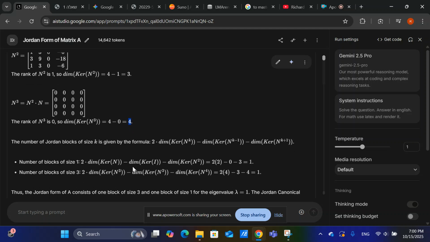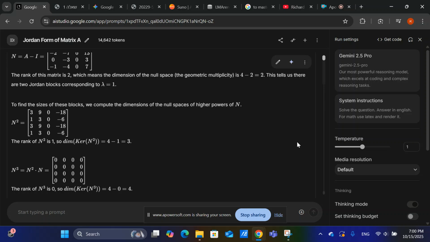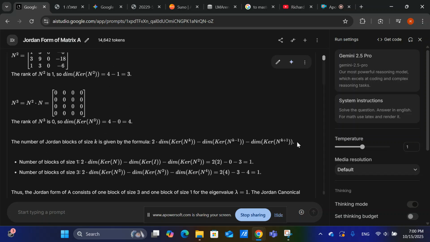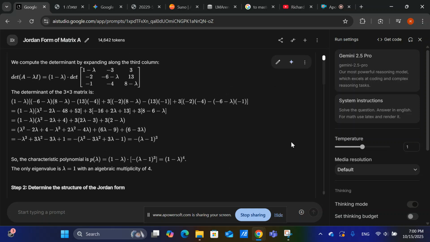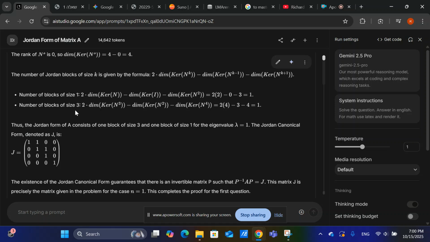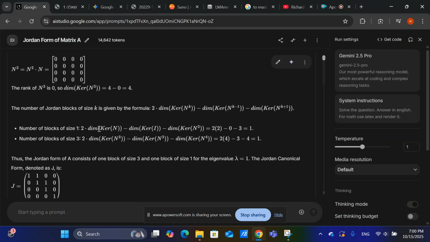Now I can use the formula that will tell me how many blocks of certain sizes, which is this formula. If I look at how many blocks are of size 1, what I do is take 2 times the dimension of the kernel of N to the power of 1, minus the dimension of the kernel of N to the power of 1 minus 1, which is 0.